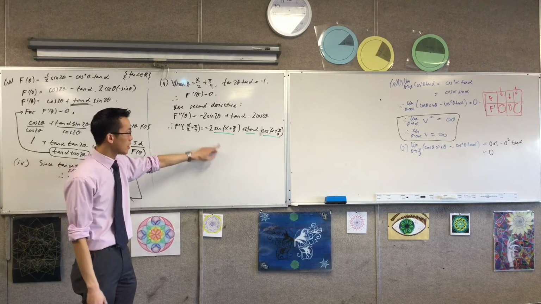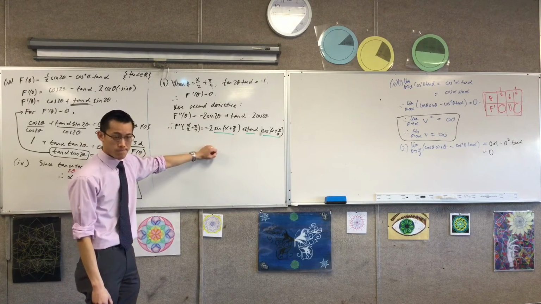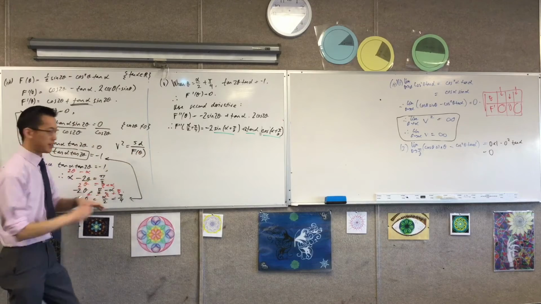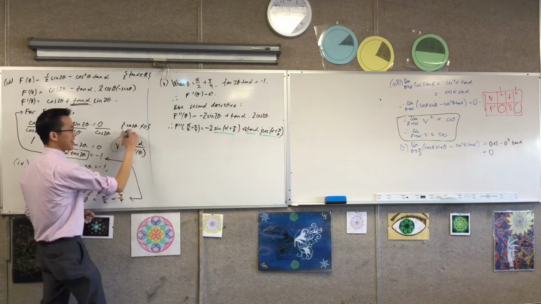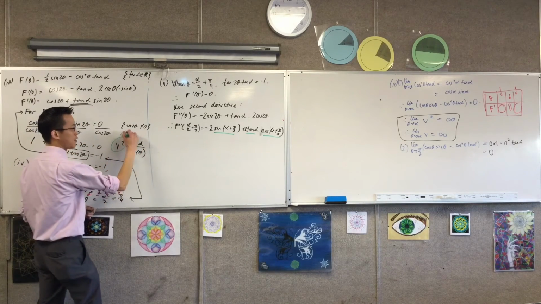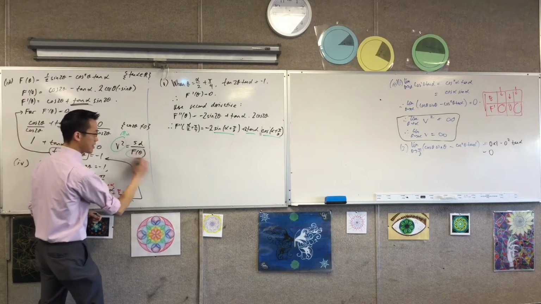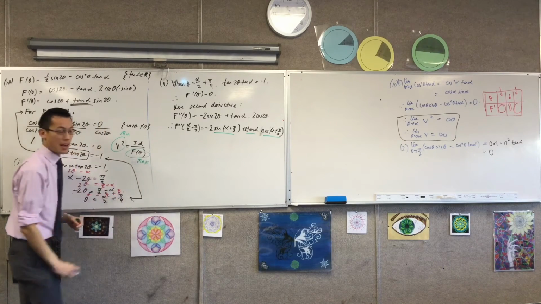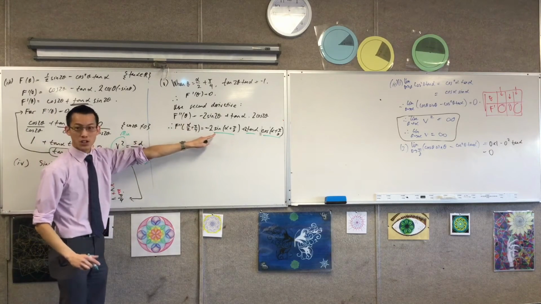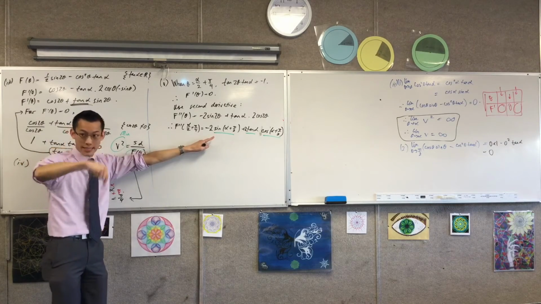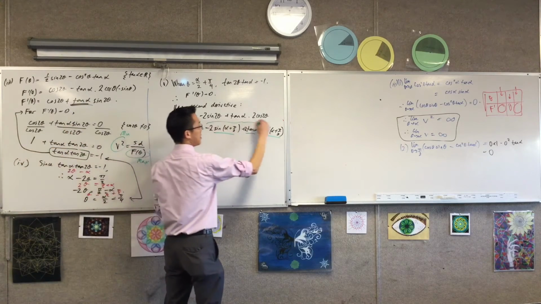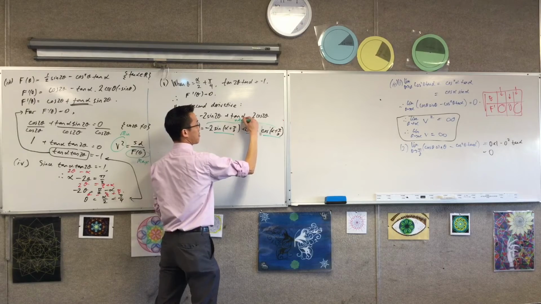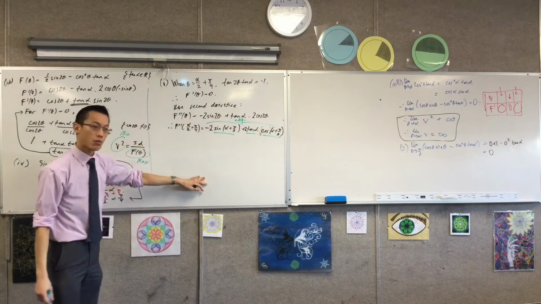The first one's the negative minus. If I want this to be a max, let's think about the logic for a second. This thing I want to be a minimum. That means this thing I want to be a maximum. That means this thing I want to be concave down. So I want this to be negative.